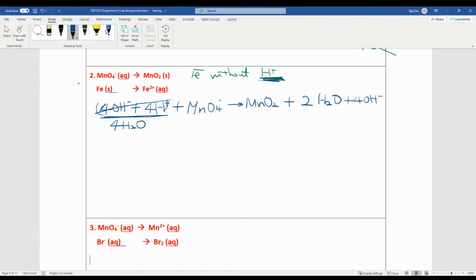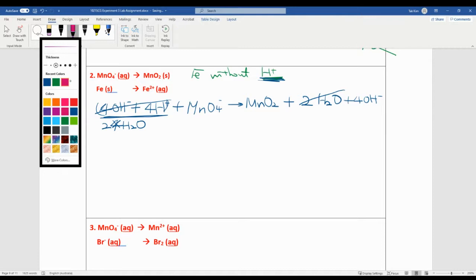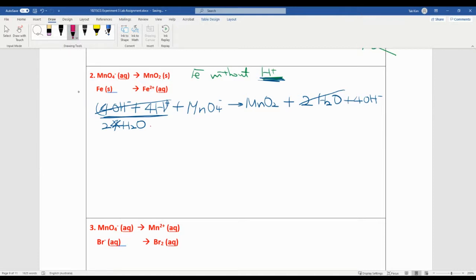Now we have extra water. You can even cancel this one out, leaving only 2 water, right? So let me just use a different color. So it should be, instead of this one, plus 2 water.